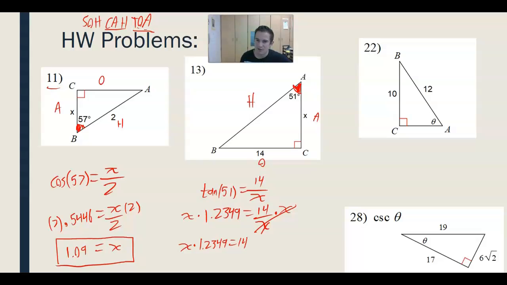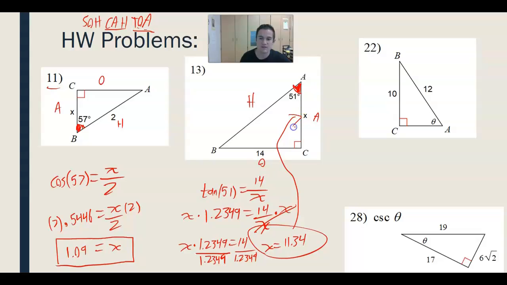I like x being multiplied by stuff rather than something being divided by x. Because now, since x is being multiplied by 1.23, I'm going to divide by 1.2349 on both sides. So 14 divided by 1.2349 is 11.34. So the length of this side is 11.34.